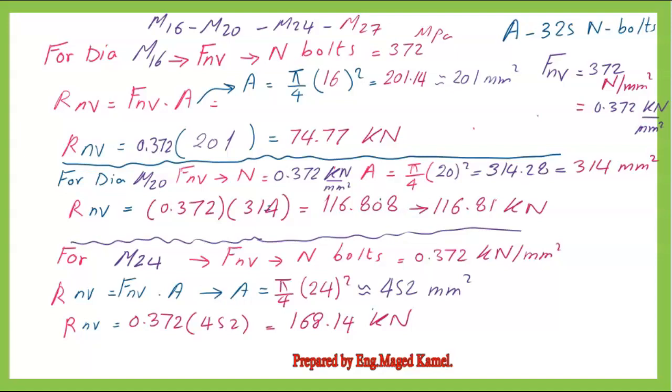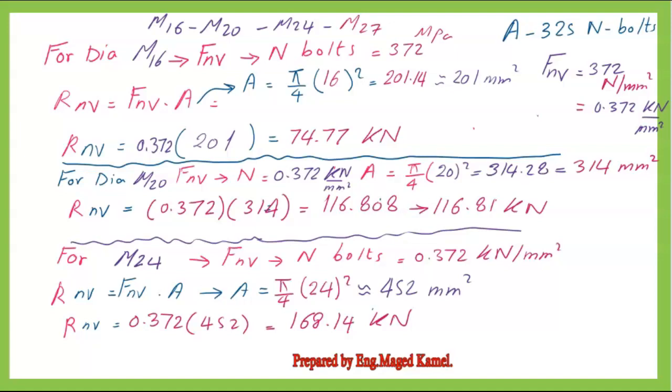Multiply 0.372 by 201. The nominal shear value for the M16 bolt is equal to 74.77 kilonewton. To get the nominal shear strength for the second bolt M20, multiply F sub NV by area.